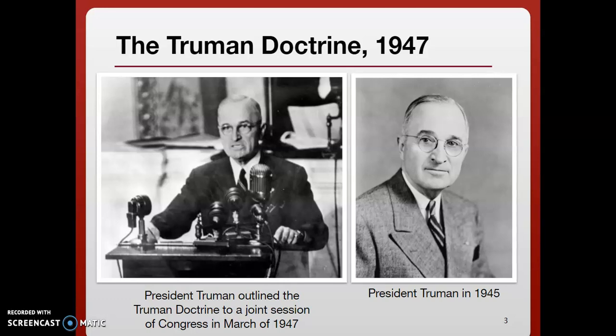Okay. So we're going to talk more later about the reasons why communism and capitalism are so against each other. But all you need to know right now is that they are. And at this time, Americans did not want communism to spread. So the Truman Doctrine made that a thing, right? So make sure to write that down. It is a doctrine or a document saying that the United States is going to stop communism wherever it is.